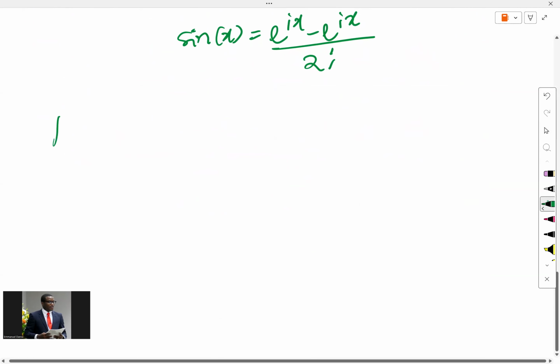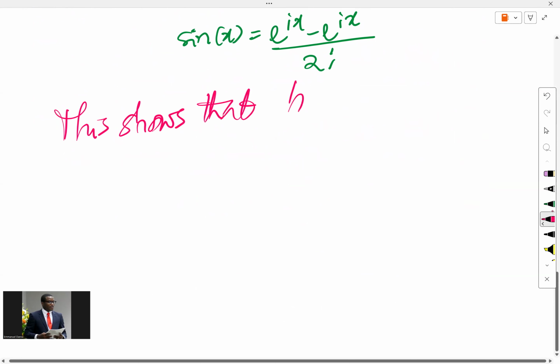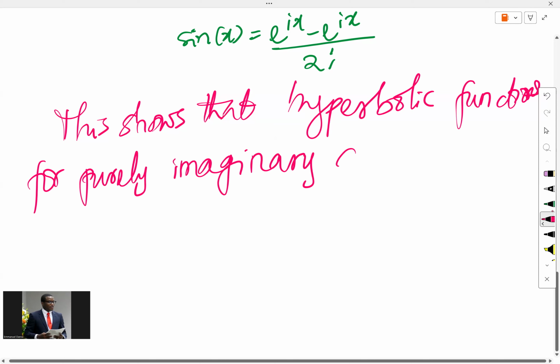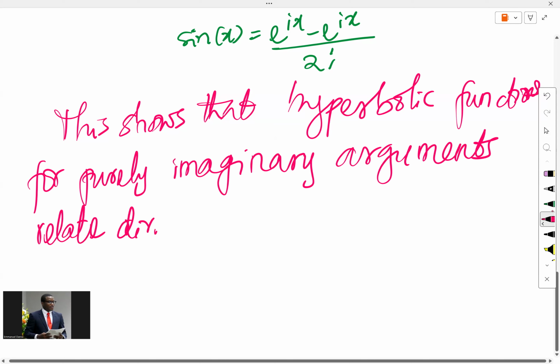We see that this simply shows that hyperbolic functions for purely imaginary arguments actually relate directly to trigonometric functions.